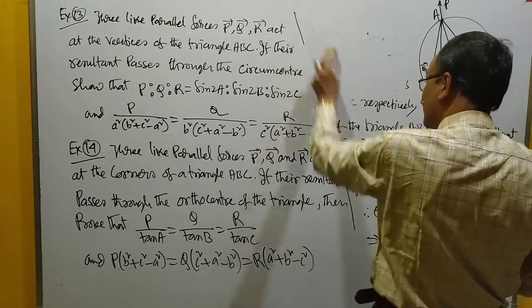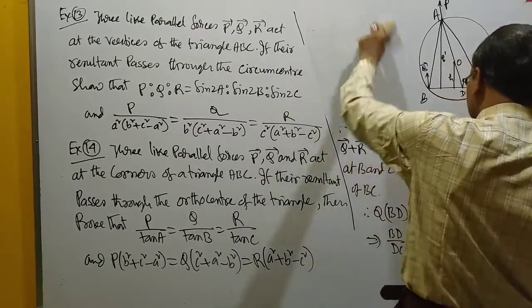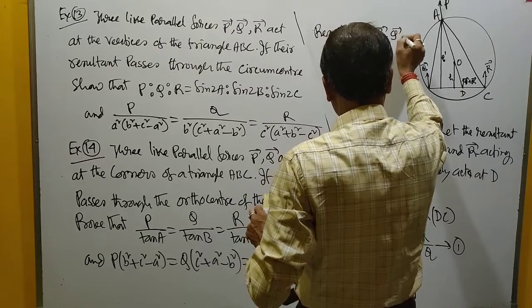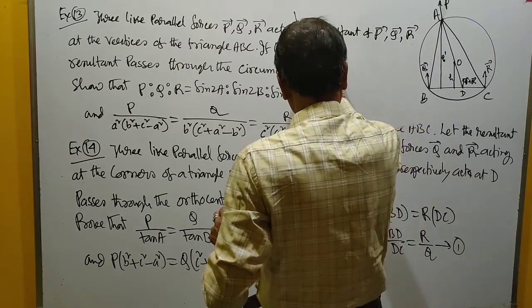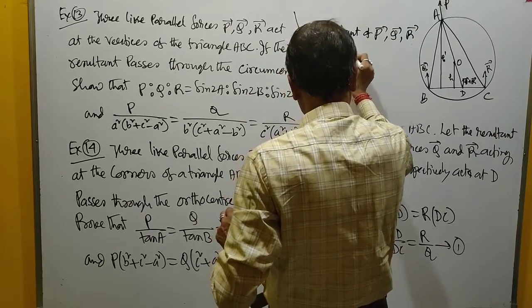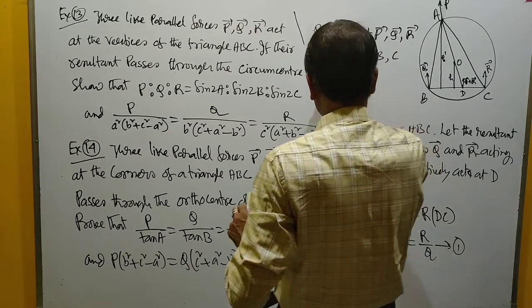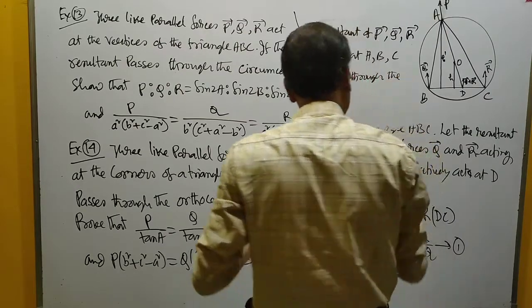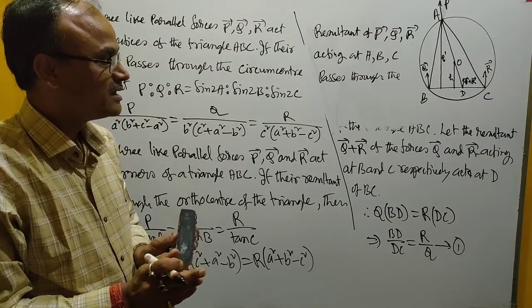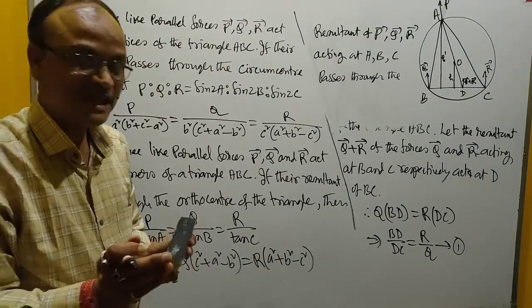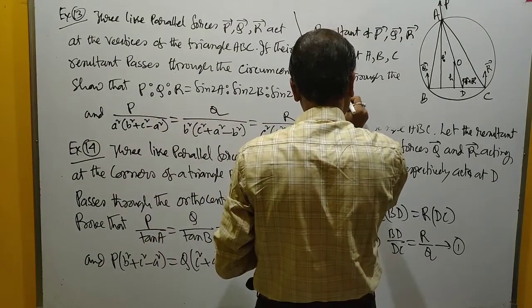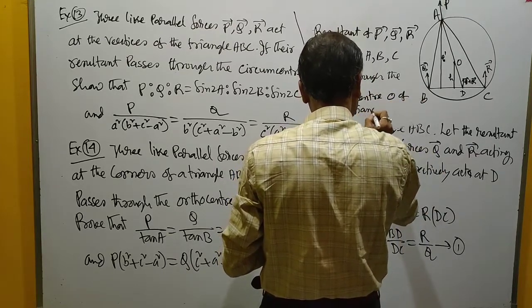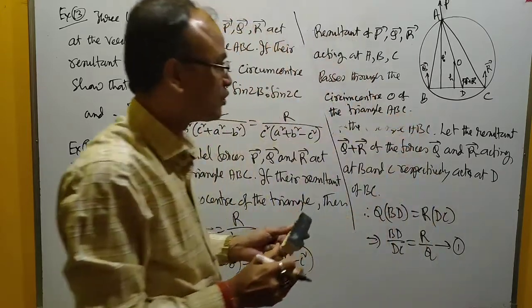The resultant of P, Q and R acting at A, B, C passes through the circumcenter O of the triangle ABC.